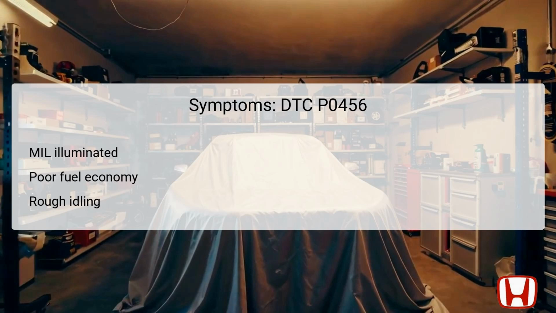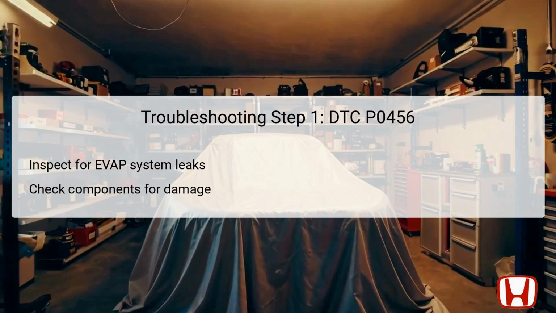Rough idling or hesitation during acceleration may also be experienced, resulting in a less smooth driving experience. These symptoms can degrade the overall drivability of the vehicle, indicating that the issue should not be ignored and requires immediate diagnosis and repair.